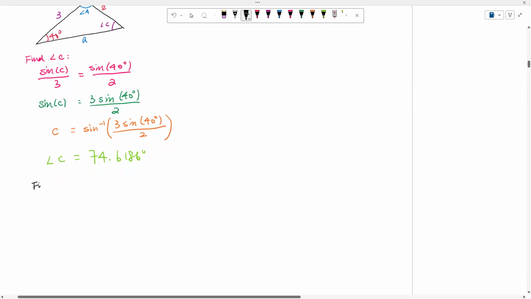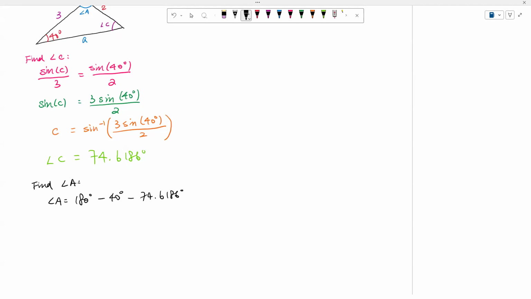Now we would like to find the angle A. So angle A is 180 minus 40 degrees minus 74.6186 degrees, and you find out that the angle A is 65.3814 degrees.